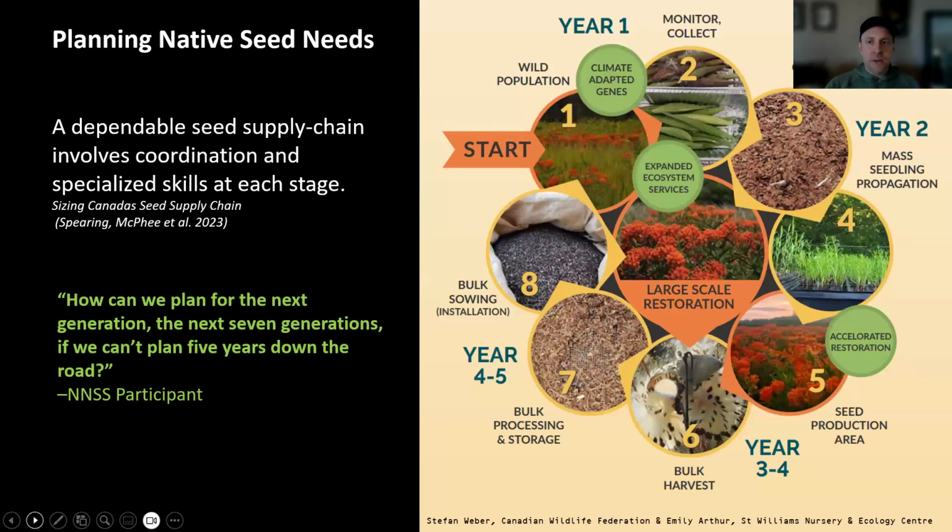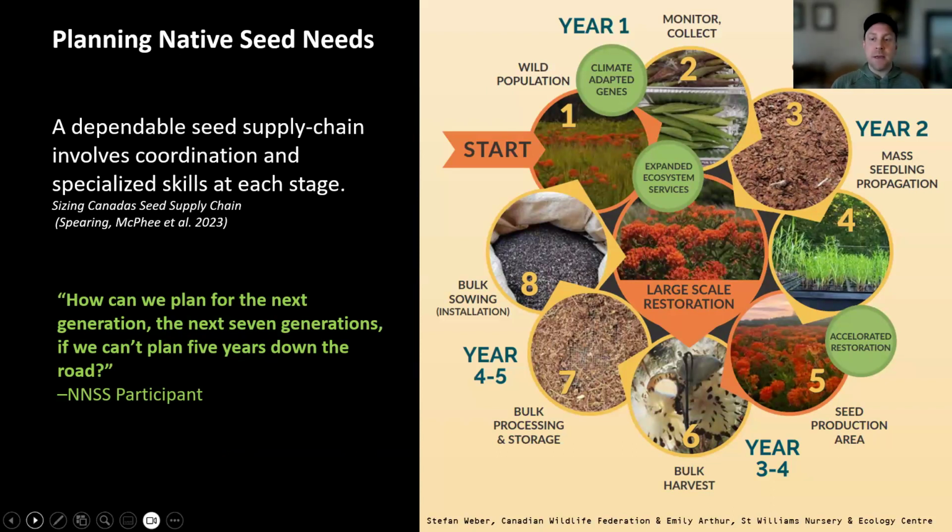So one of the major outcomes again of this process is the mismatch between funding timelines, the government funding cycle, and the cycle of restoration and the cycle of growing native plants. So it can take up to 4 to 5 years to grow a bulk quantity of native plant seeds.